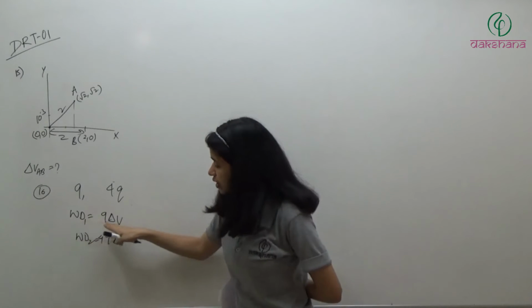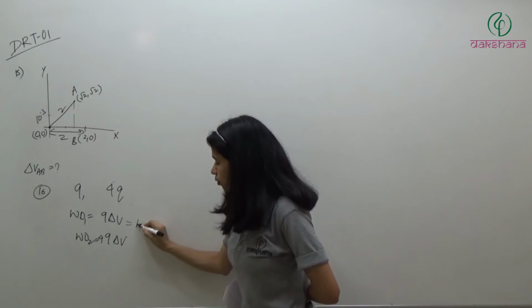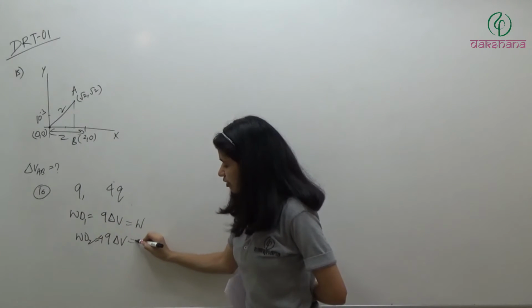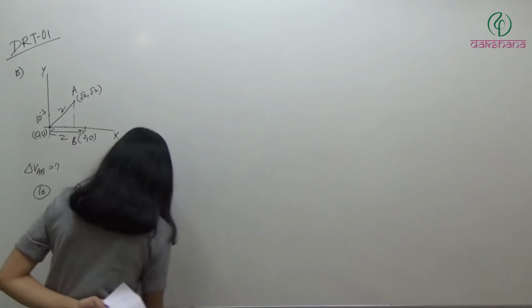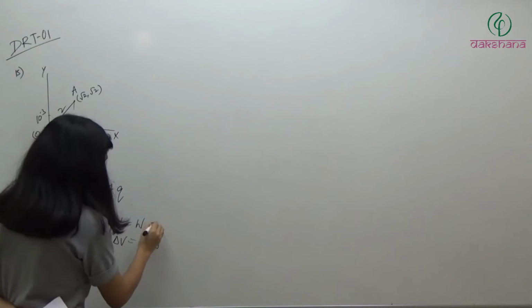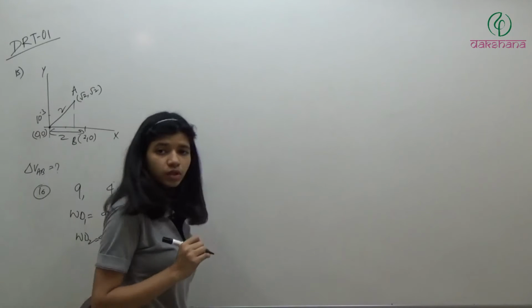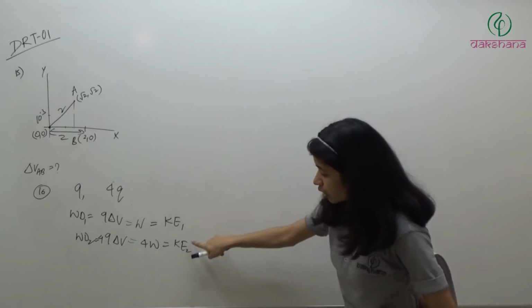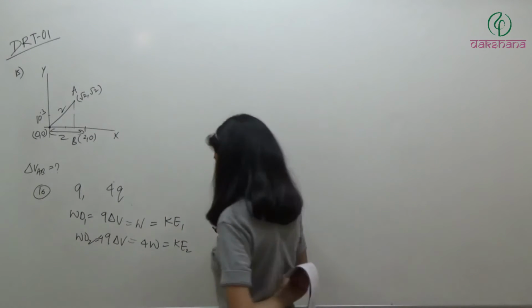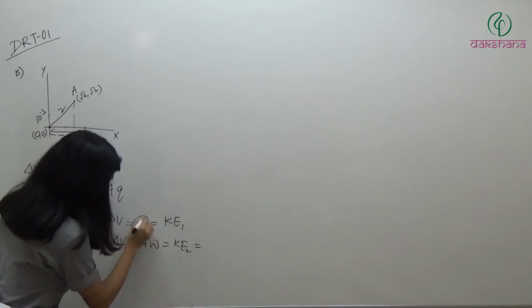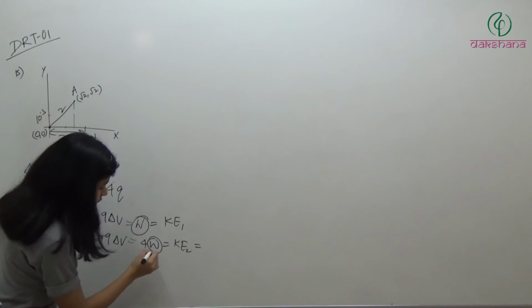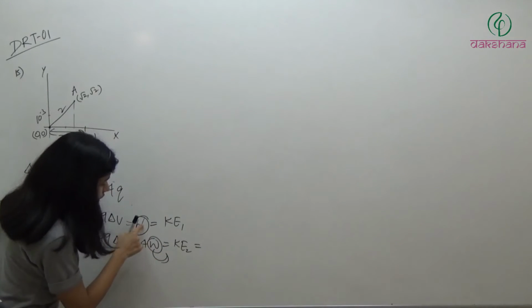So work done on this is, let's say, W, and work done on this is 4W. So it will be kinetic energy of 1, it will be kinetic energy of 2. So kinetic energy of 2 is 4 times, and W is kinetic energy of 1. So I can replace here W by kinetic energy 1.